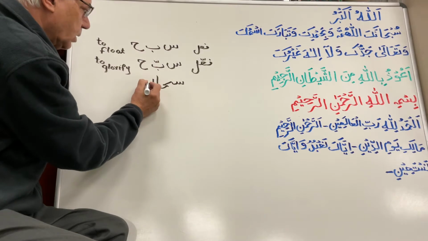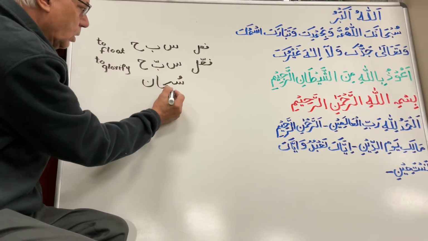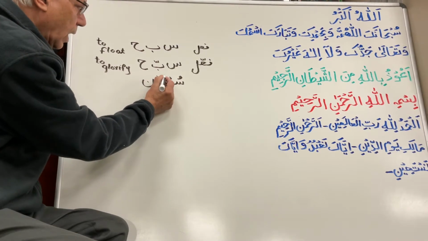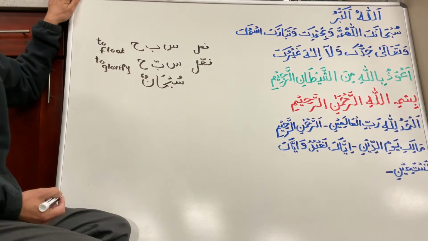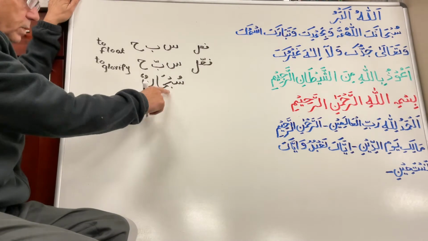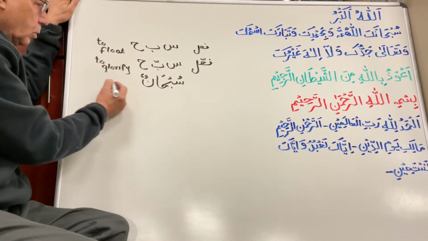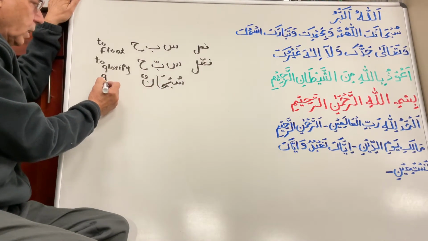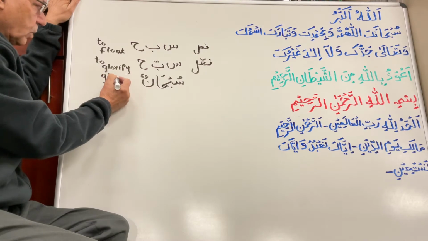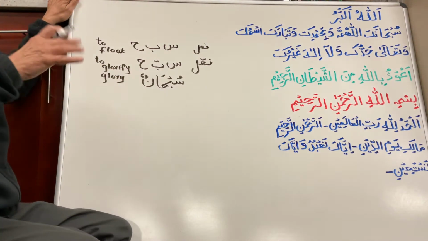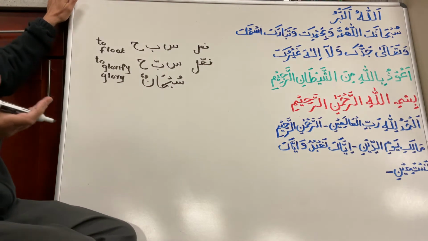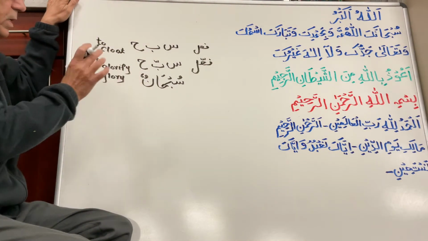So this is actually the full word, and the two pesh at the end are always the sign that this is a noun. The meaning of this word subhanun is glory or glorification or tasbih. There are many meanings you can say, but the full word is subhanun.